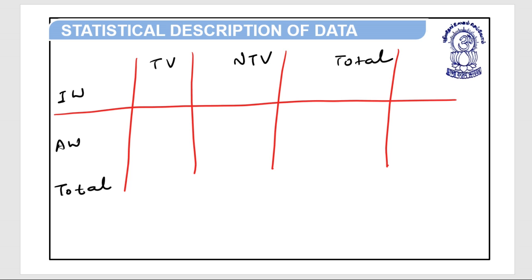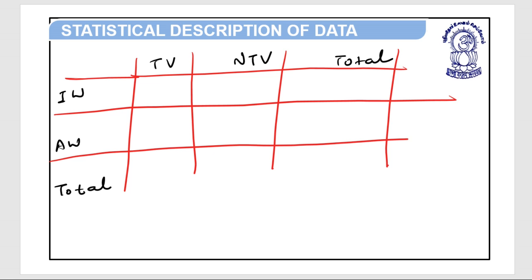IW, AW, and last total. So here 1000 is given, n is equal to 1000.